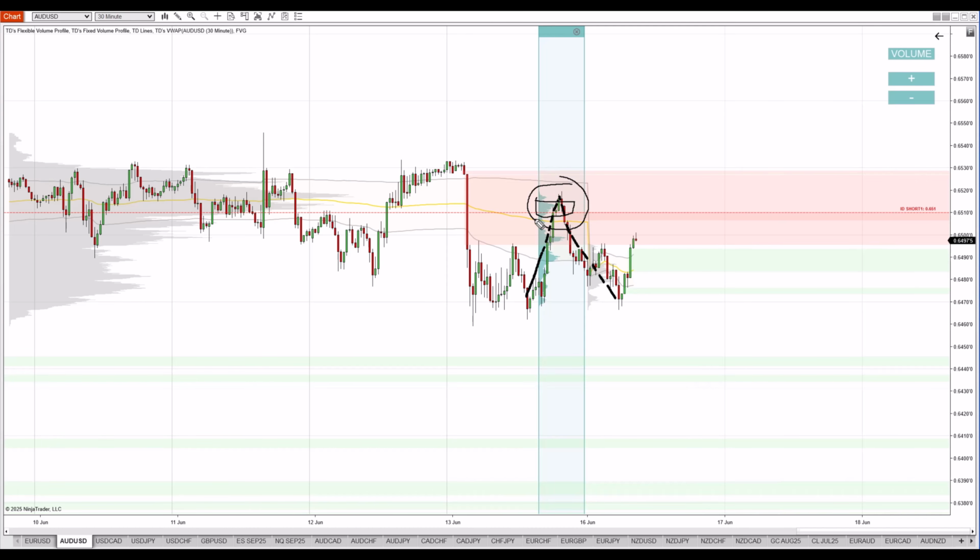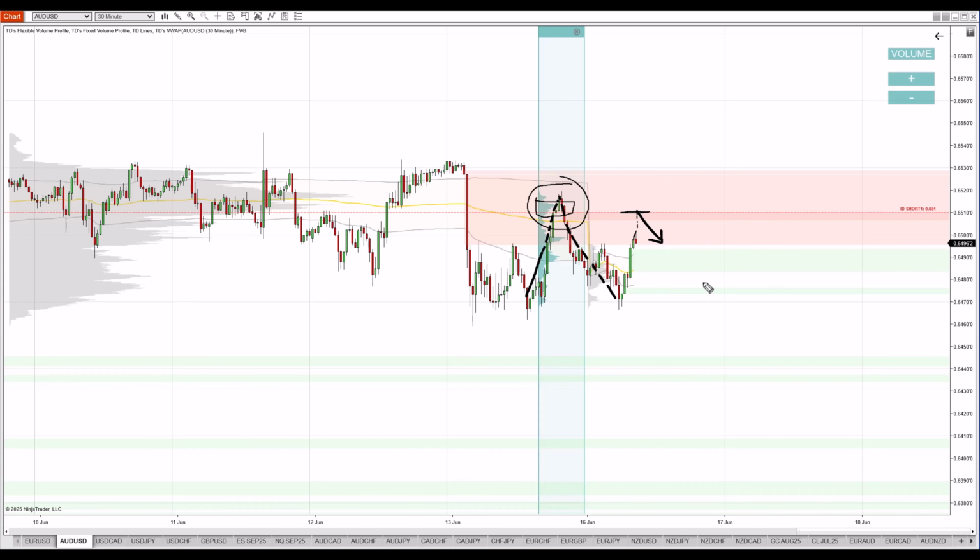This is where the sellers started to jump in. They started to add to their short positions here, and they reversed this buying activity into a sell-off. So those sellers should be active here, and when the price makes it to this level again, then the sellers should push the price downwards from this level again.